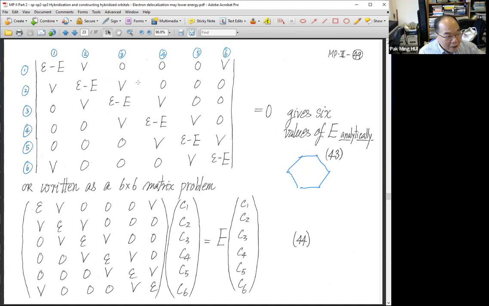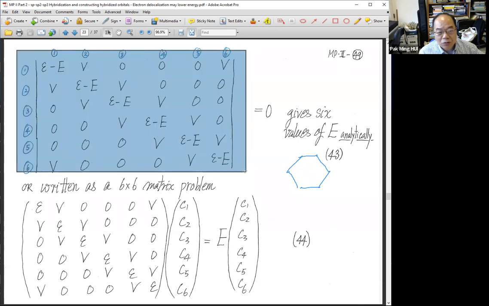Now for number 2, diagonally is the same epsilon, the atomic energy, but then it has neighbors 1 and 3, and so on. So without doing anything, you can look at the structure and write this thing down.